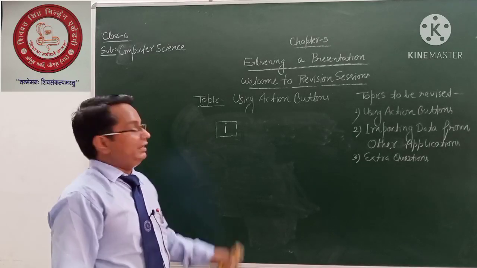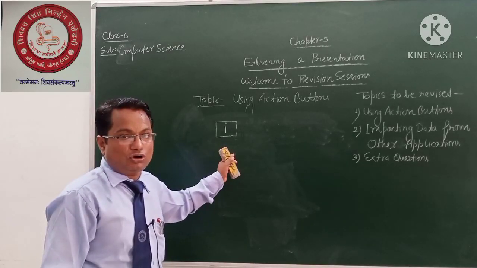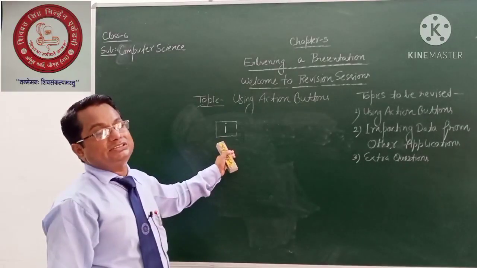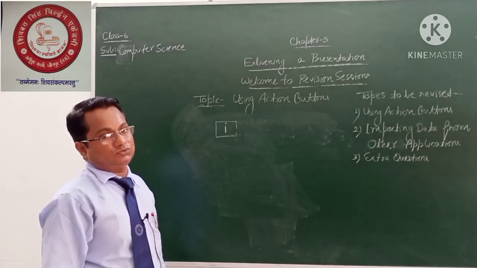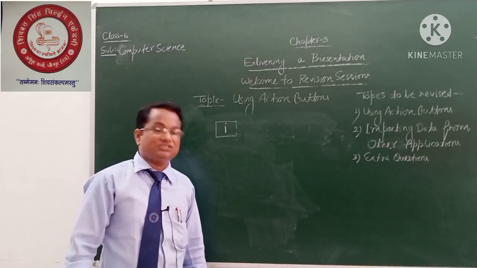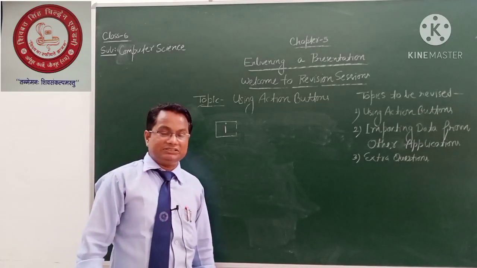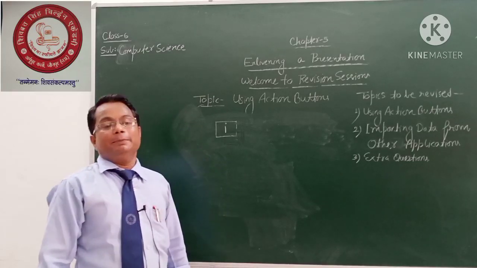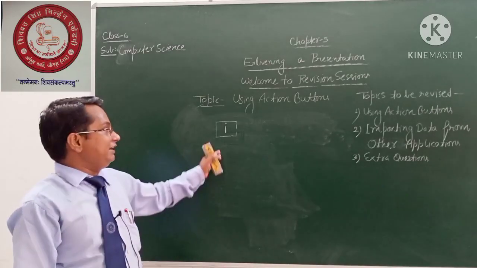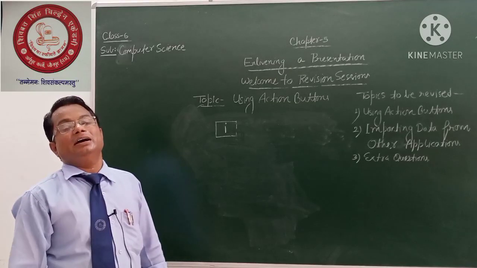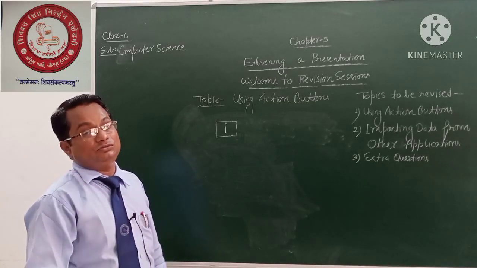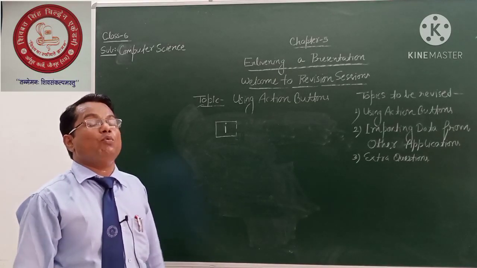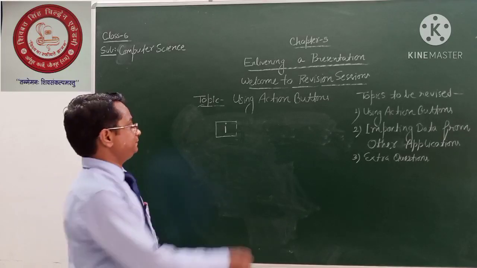The size of this action button is going to change. You can increase or decrease the size of the action button anytime, but please make sure that whenever you release the button, immediately you will get a dialog box.